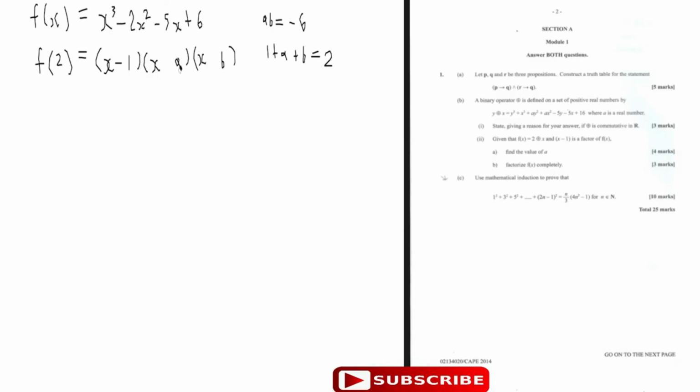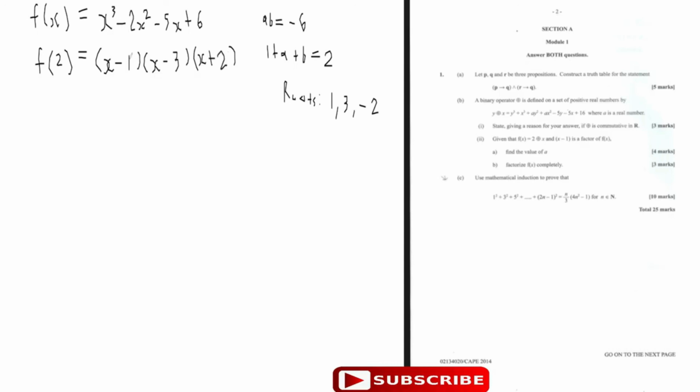So the roots are 1, 3, and negative 2. Not all the time do you need to be doing polynomial division. Now we can write the factors: x minus 1, x minus 3 and x plus 2. That is it. And you can check it.